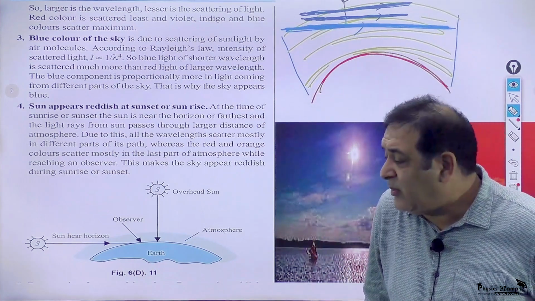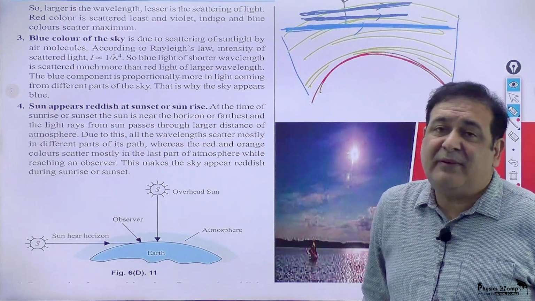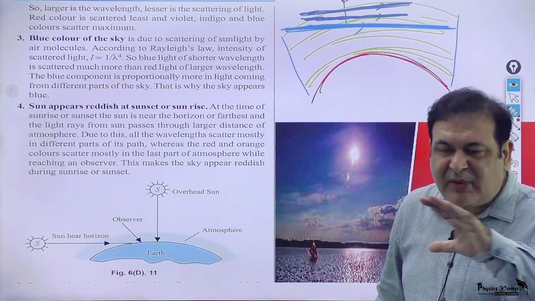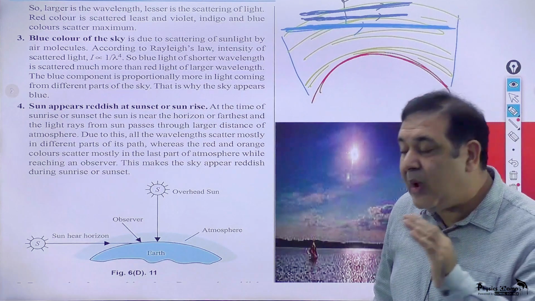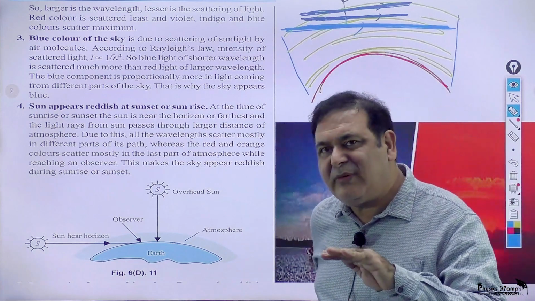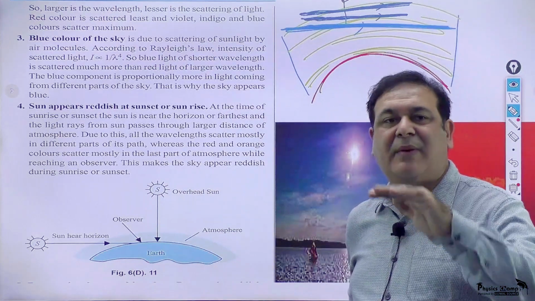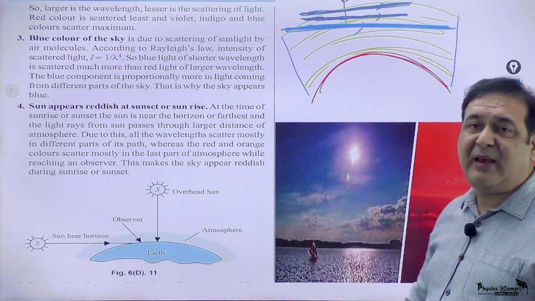So the part of the atmosphere which we observe as sky has maximum scattering of blue color. All other colors, violet and indigo, are almost exhausted in the layers above. And that's why we see the color of the sky as blue.